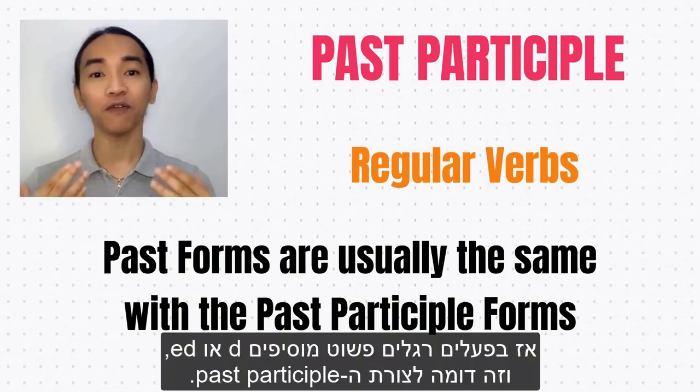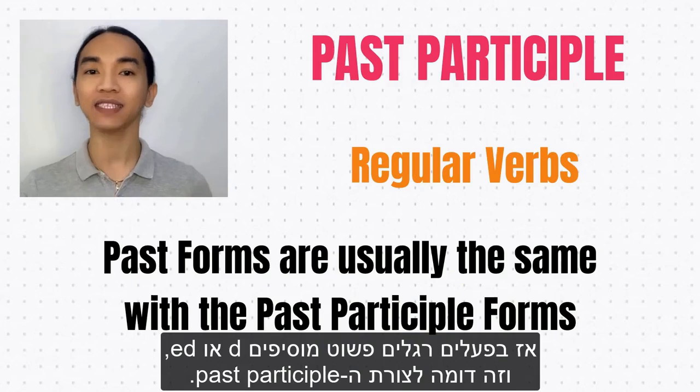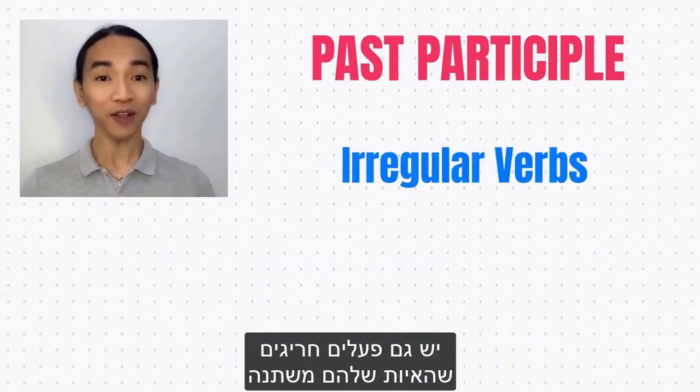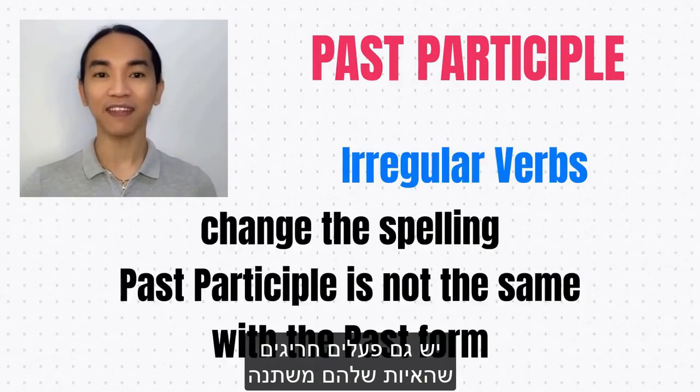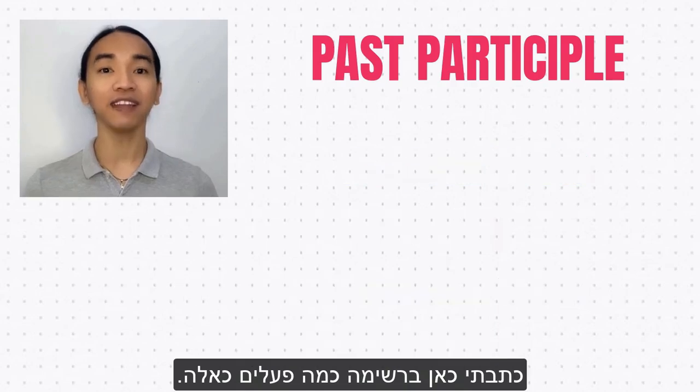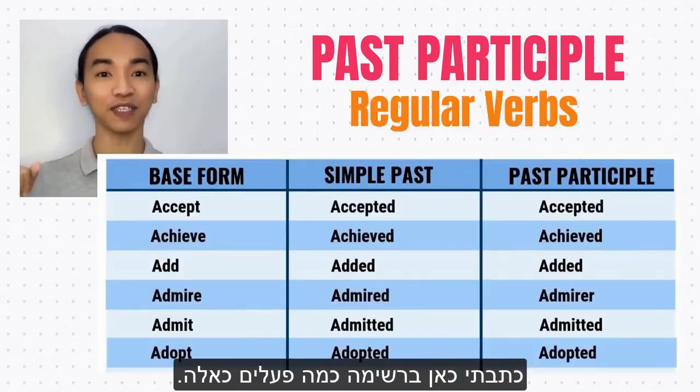For regular verbs, you just add D or ED, and that is similar to the past participle form. Now, there are also some irregular verbs that change their spelling, and their past form and past participle forms are actually different. So I have listed here some of those verbs.